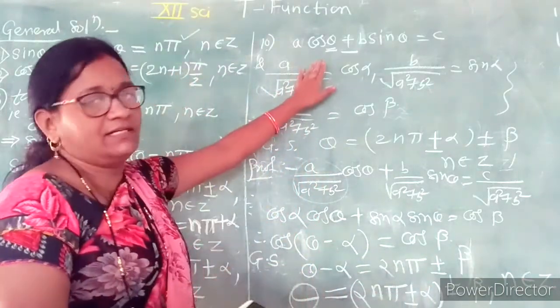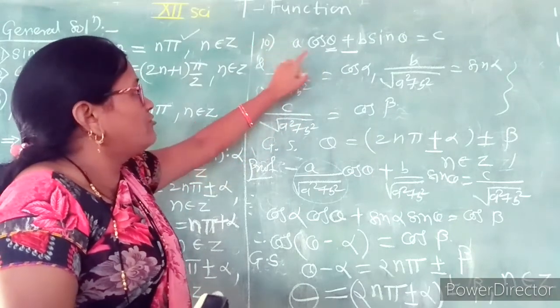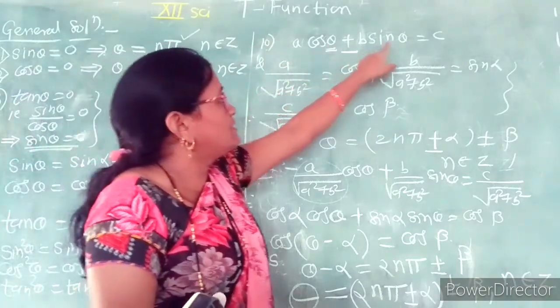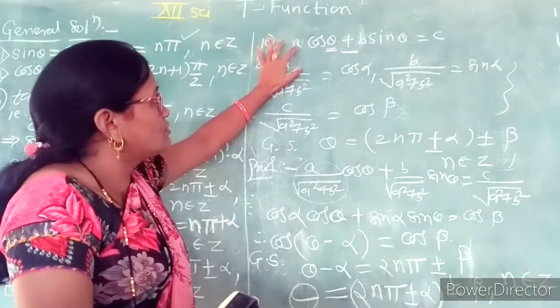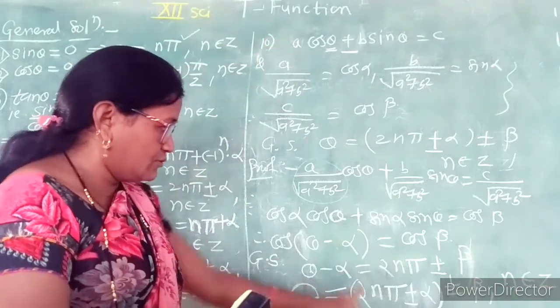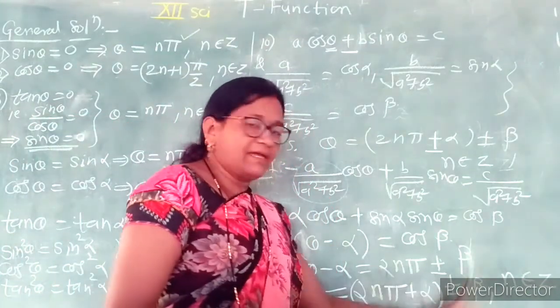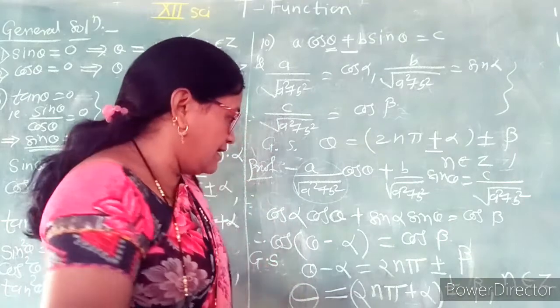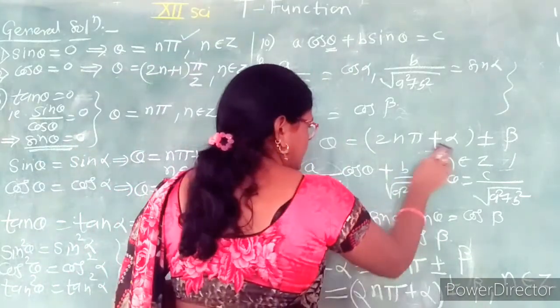So according to the given result, you can adjust this identity. But the theorem is given in your textbook as a cos theta plus b sin theta equal to c. Then the general solution of this trigonometric equation is theta equal to 2n pi plus alpha plus minus beta. Only that angle is added here. That depends on this sign. So remember how you can adjust this.